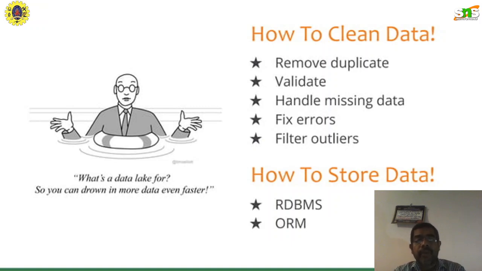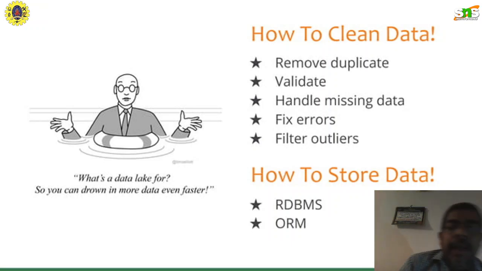Then we go with missing data handling, and finally fix errors and filter outliers. Fixing errors means that if any errors occurred in the data set, they should be fixed. Filtering outliers means some data does not resemble the entire data set. In the previous example, in the same way you have to check the value.